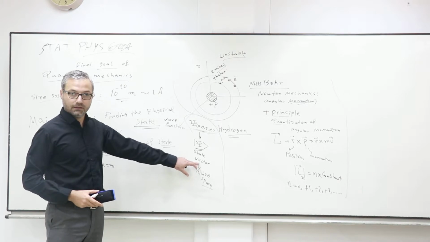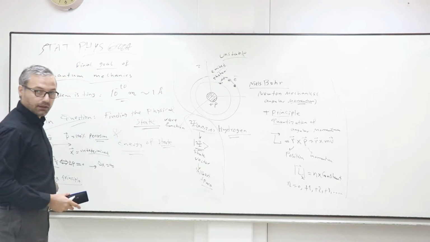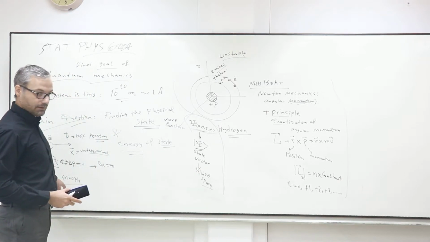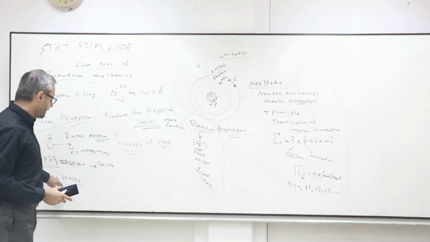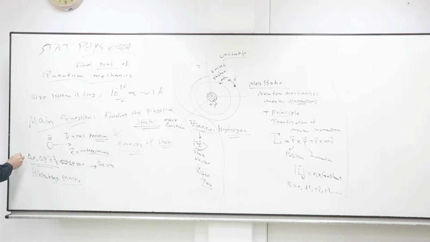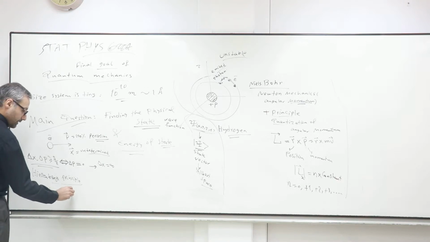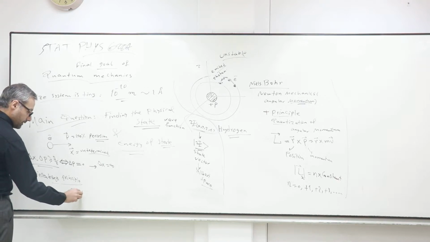It comes from here and can be verified for any system. And this is very similar to what we talk about in electromagnetism, called noise or something. This is what they call the bandwidth.